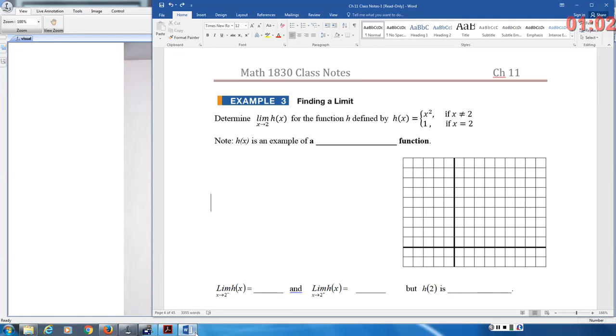And we've already built tables for that same function, so we know what happens as it gets close to 2. But this function says that if it is equal to 2, then the value of h of x, in other words, h of 2, is going to be 1. Okay? It's going to be 1.